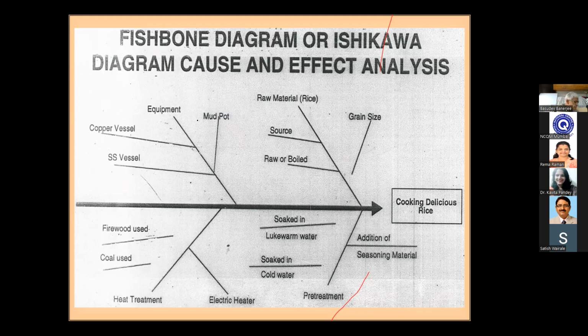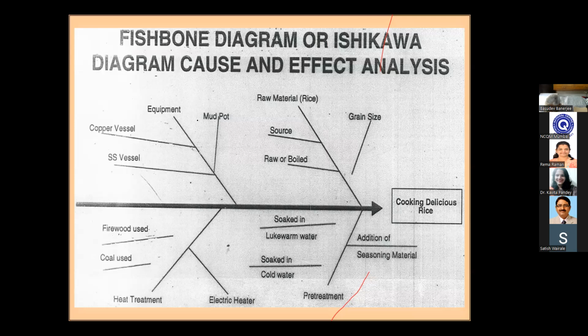Now let's take a simple example to demonstrate what I'm talking about. I want 5 volunteers, and let us take the 4 factors only: the raw material rice, then pre-treatment, then heat treatment, and then equipment.